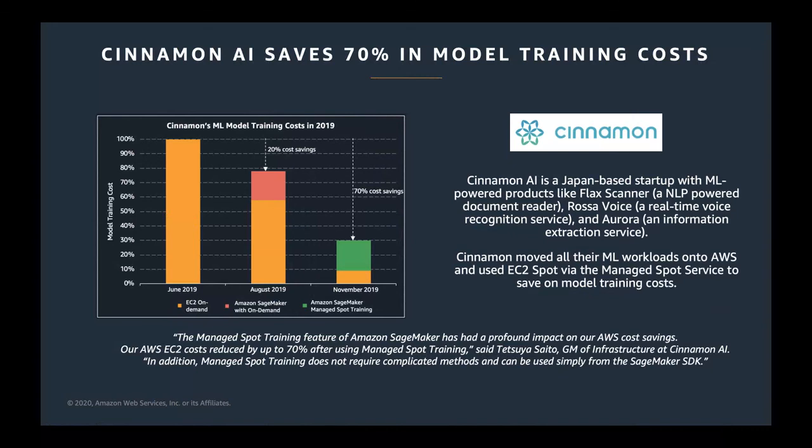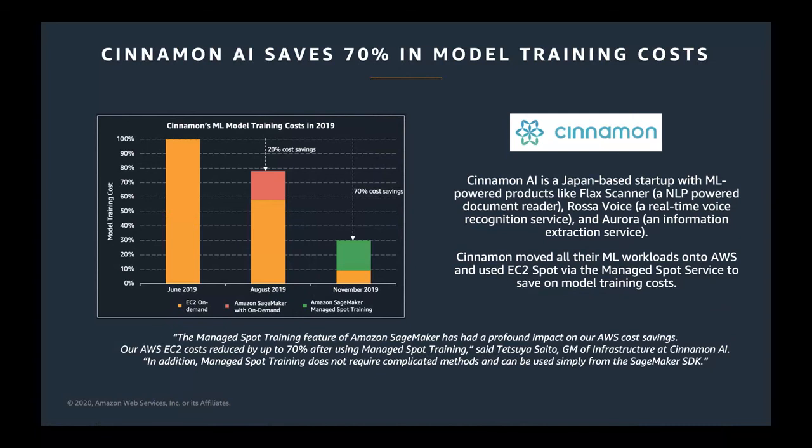Their goal is that they want to get rid of the human jobs which are repetitive, which are not fun to do, right? So they've created a few AI/ML powered tools. The flagship product is Flax Scanner, which is a natural language processing tool. It can read unstructured documents like invoices, receipts, insurance claims, financial statements actually, and find the relevant data.